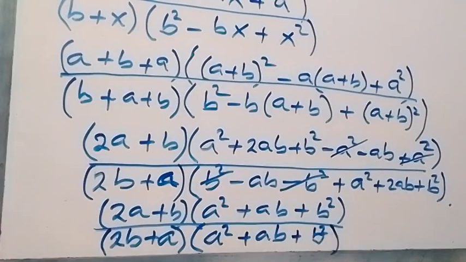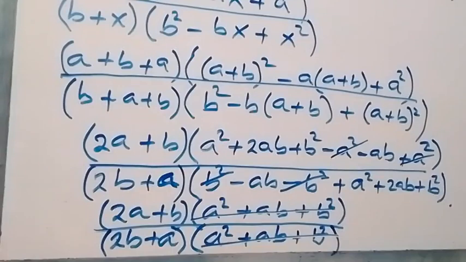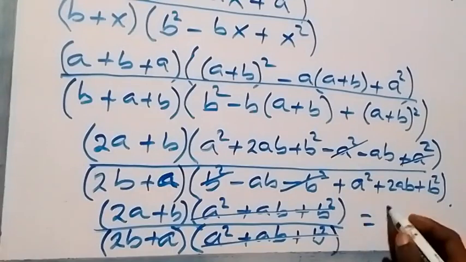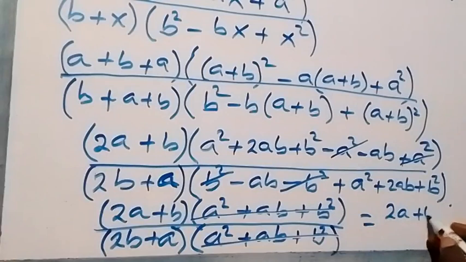Then what is inside this bracket is the same thing, so this can cancel each other, and what we have left here is simply 2A plus B over 2B plus A.